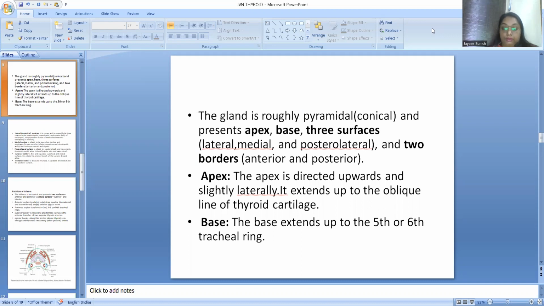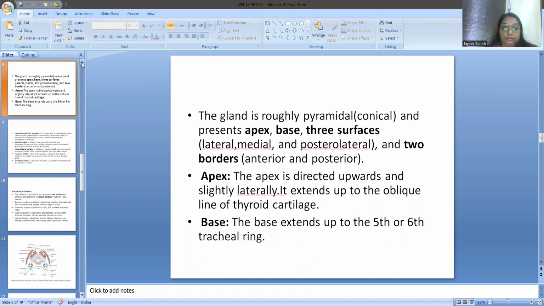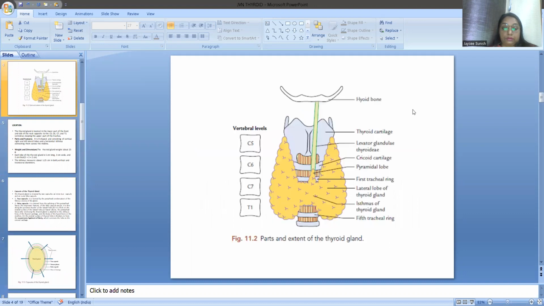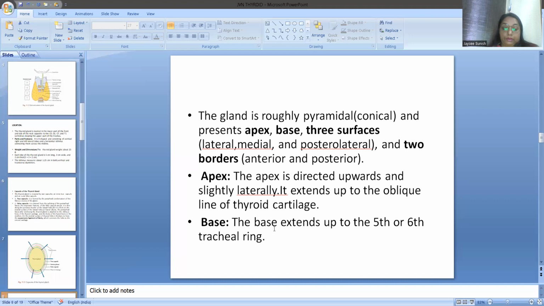So we can see the apex here. It extends up to the oblique line of the thyroid cartilage, and the base extends up to the fifth or sixth tracheal ring.